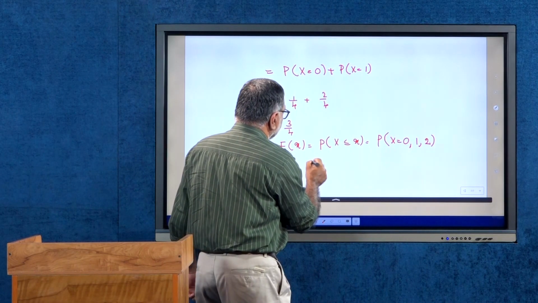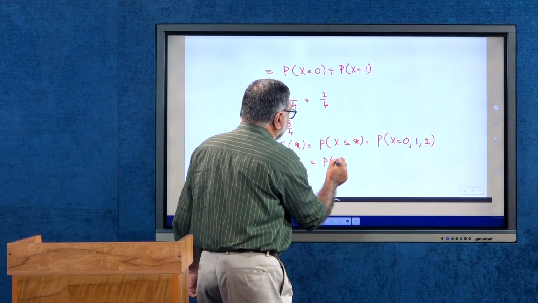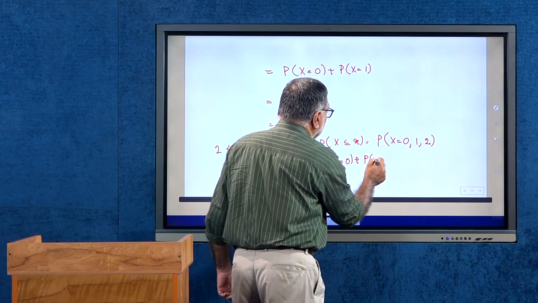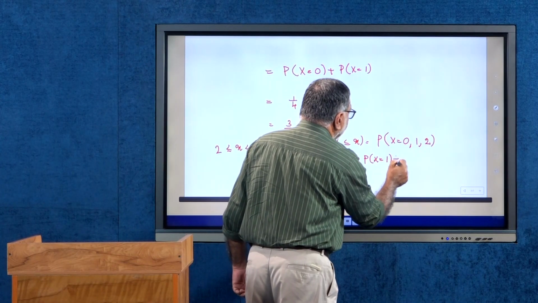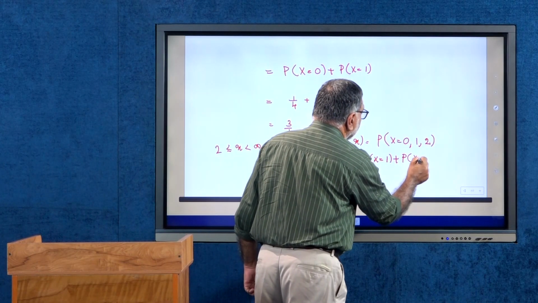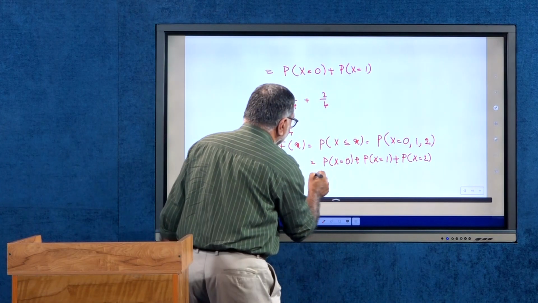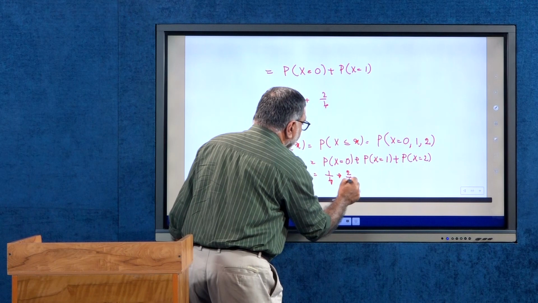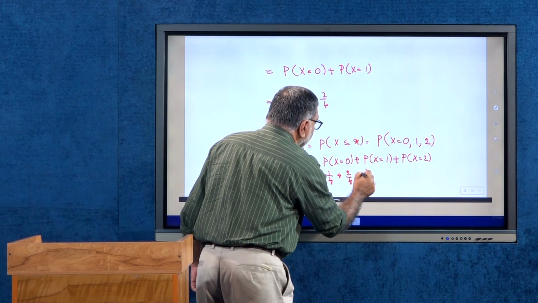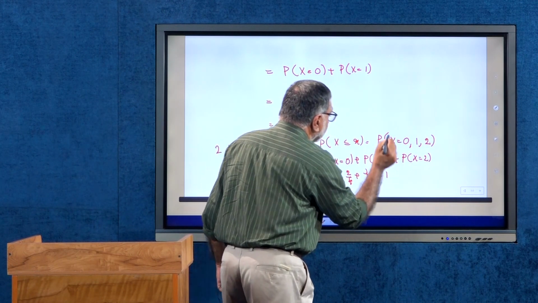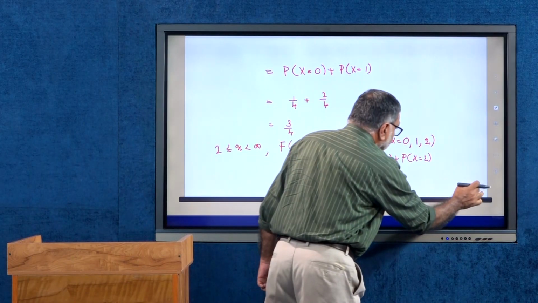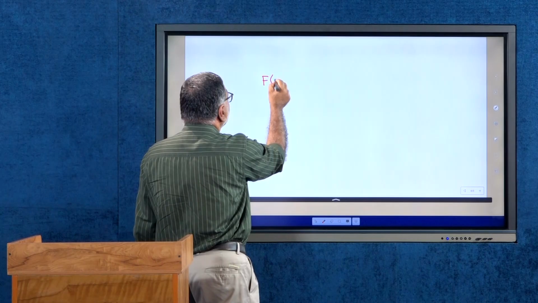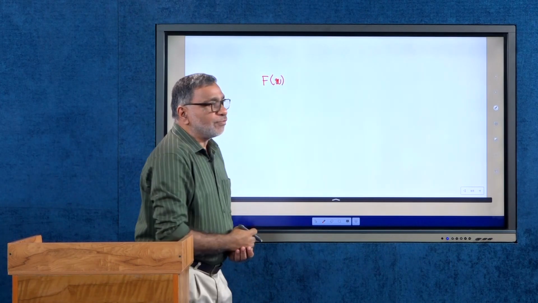So that means the probability of X equal to 0 plus the probability of X equal to 1 plus the probability of X equal to 2. That is 1 by 4, 2 by 4 plus 1 by 4, which is equal to 1.